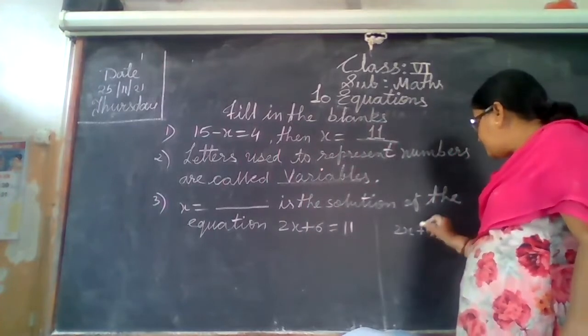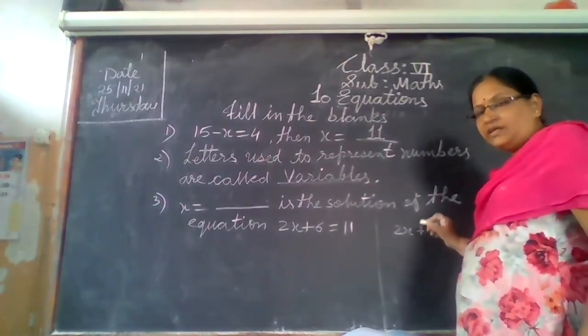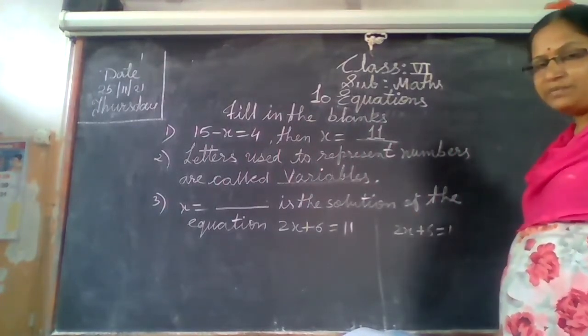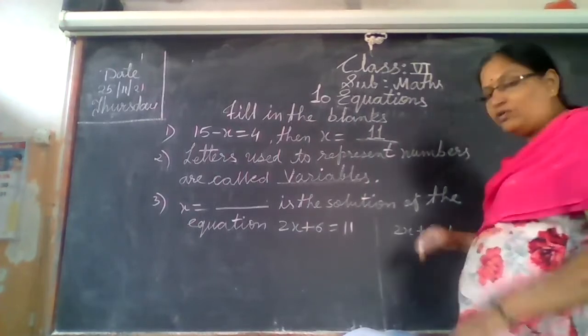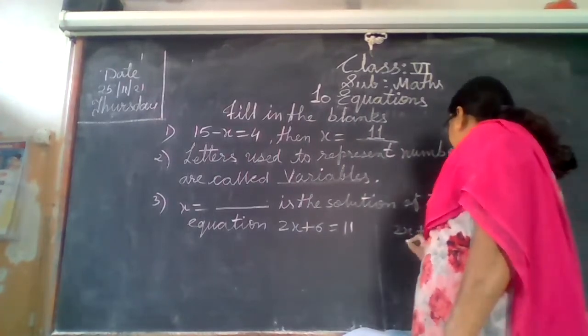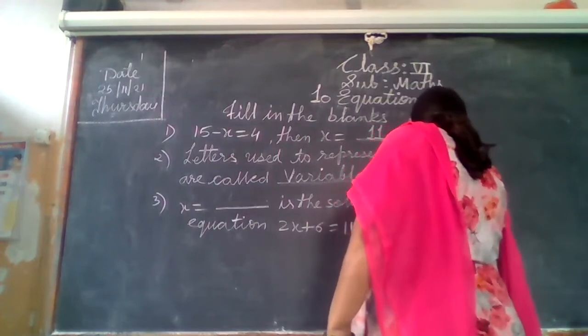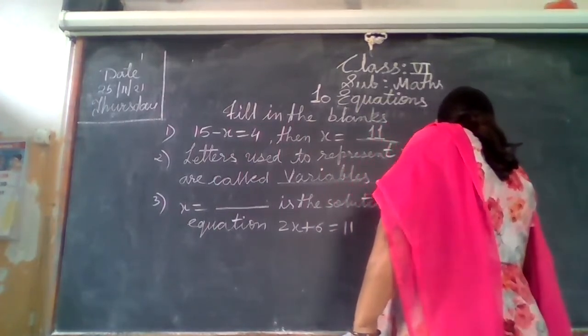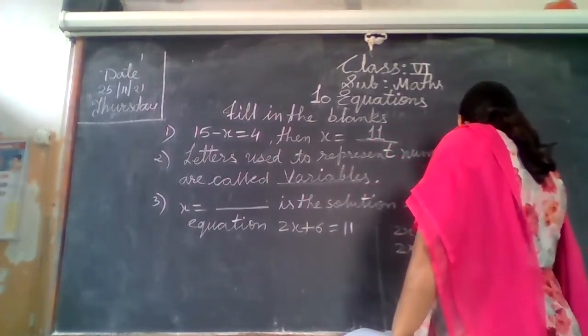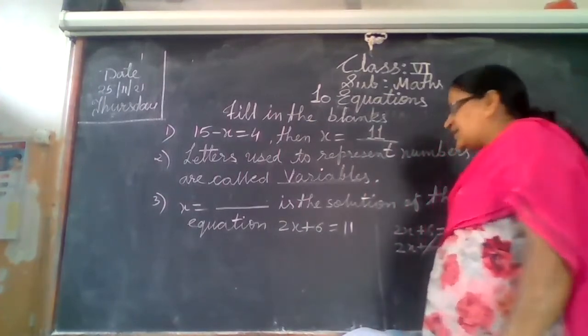So we will first remove plus 6 from this side. So we will take the opposite of this plus 6, that is minus 6 on both sides. 2x plus 6 minus 6 equals to 11 minus 6. Plus 6 minus 6 get cancelled.